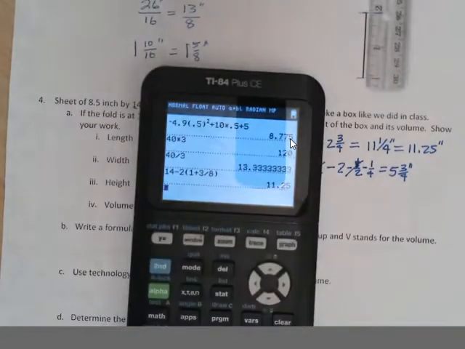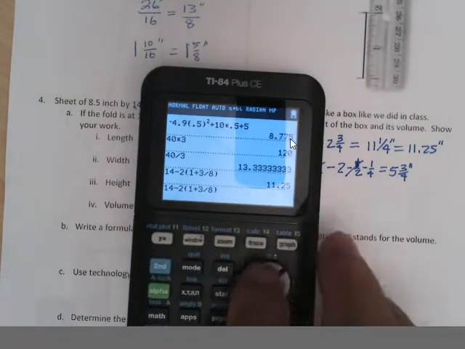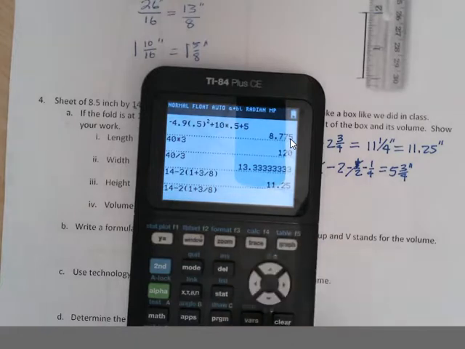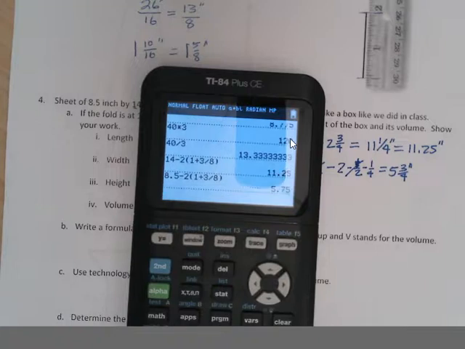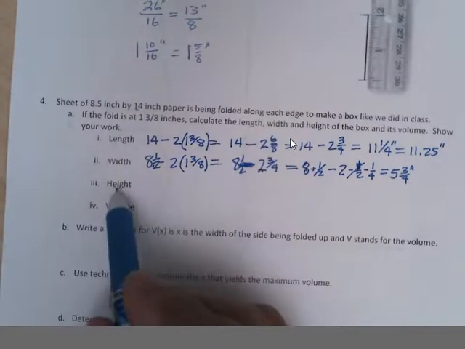Now again, you can do this on the calculator. So bring up what we had and make it 8.5 minus 2 of the 1 3/8, and we get 5 3/4. The height is not double.